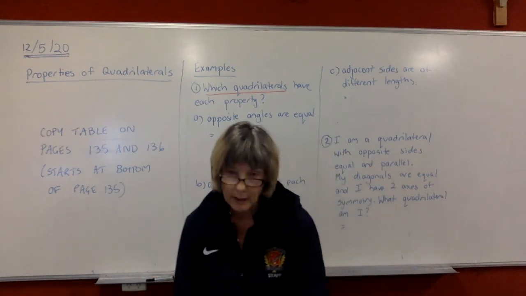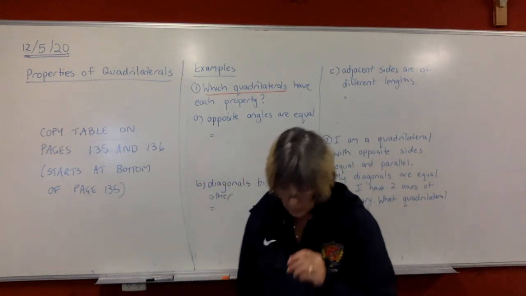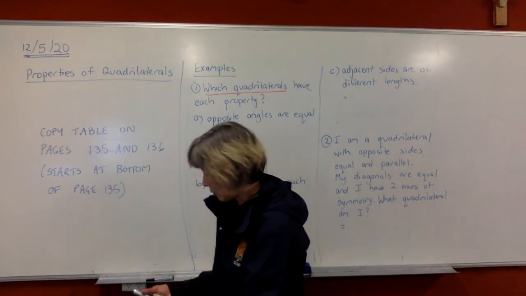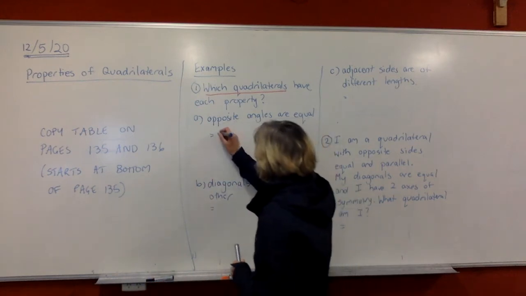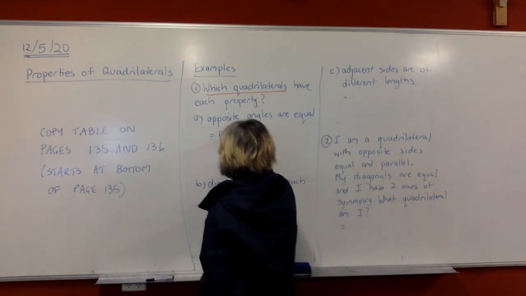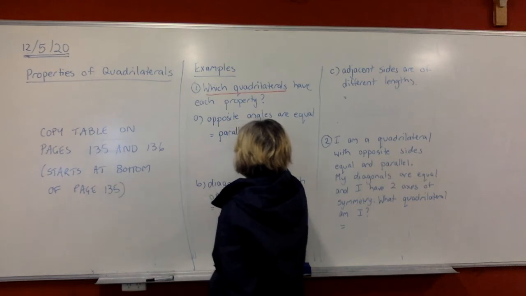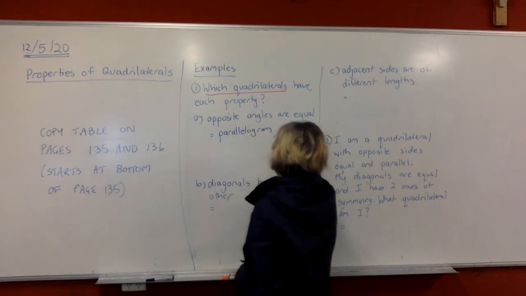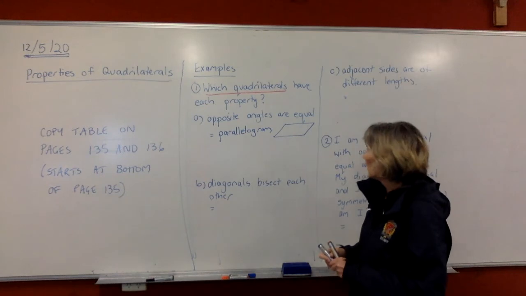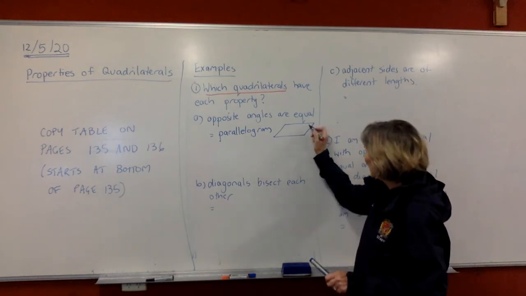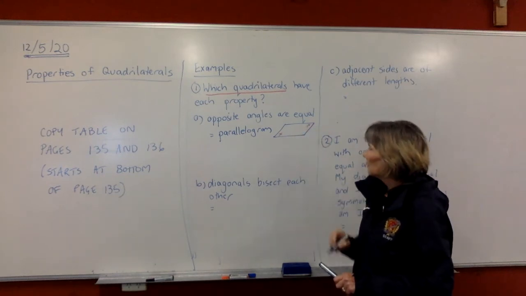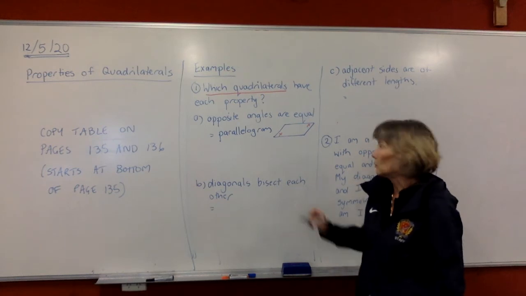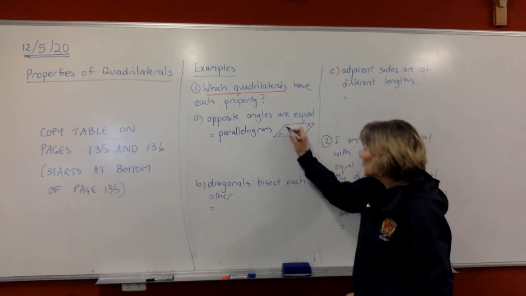Okay, the parallelogram. If you look at your parallelogram, the opposite angles are equal in the parallelogram. The parallelogram looks like that, if I just draw it very quickly. This angle and this one are equal. They look equal. And this one is equal to this one.